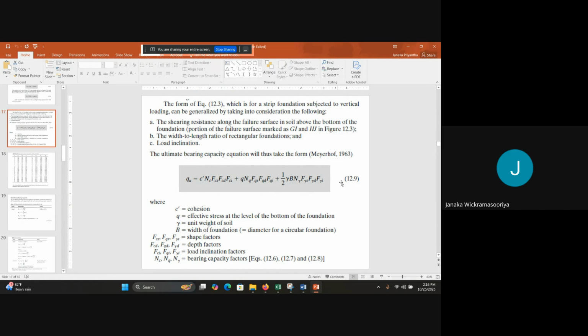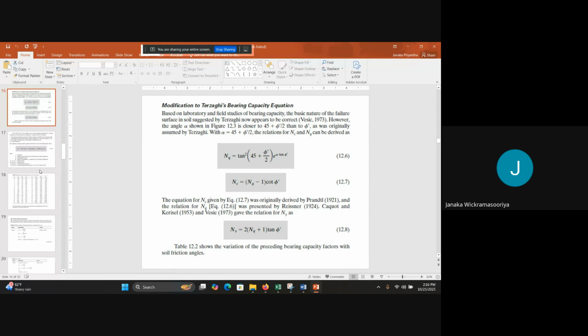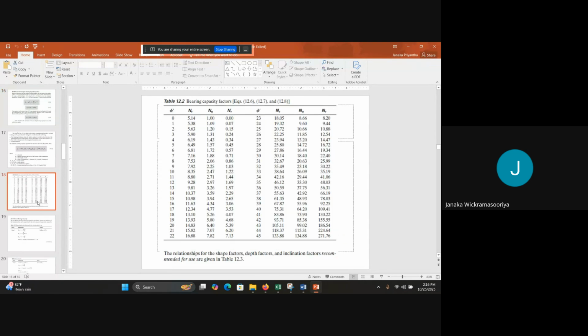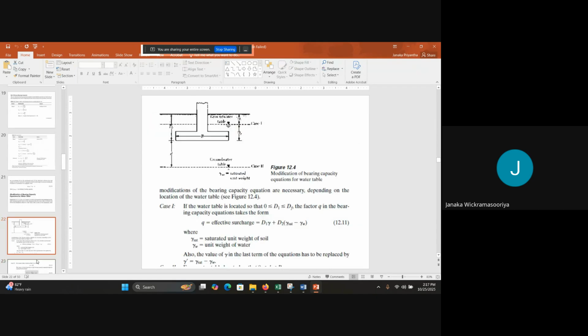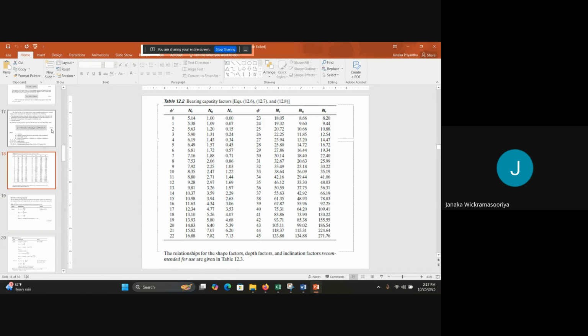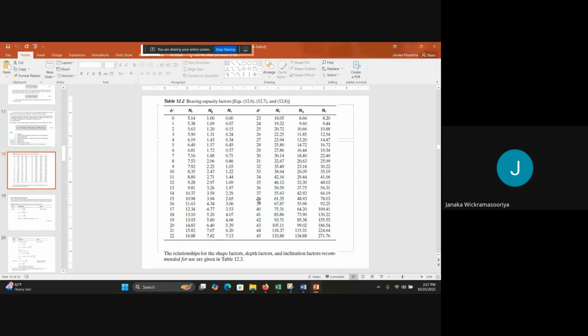For equation 12.9, you have to use 12.6. For this Meyerhof equation, NC, NQ, and gamma values, you will have to use this table.